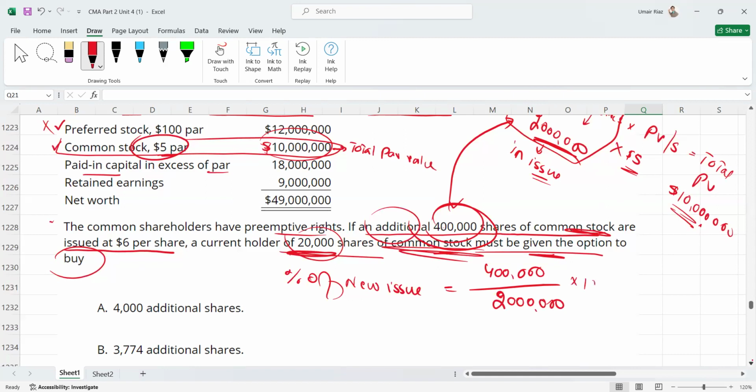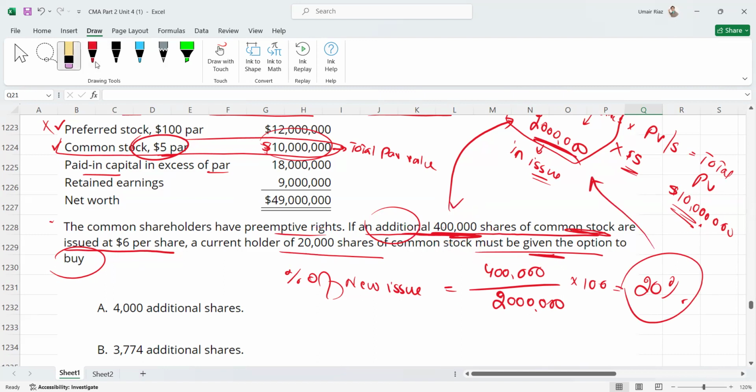If you convert into percentage, it is going to be 20%. So we are issuing new additional shares of 400,000, which is 20% of existing shares. Now we have a requirement. They're saying there is a holder who owned 20,000 shares of common stock. How many shares do we have to give to this shareholder?